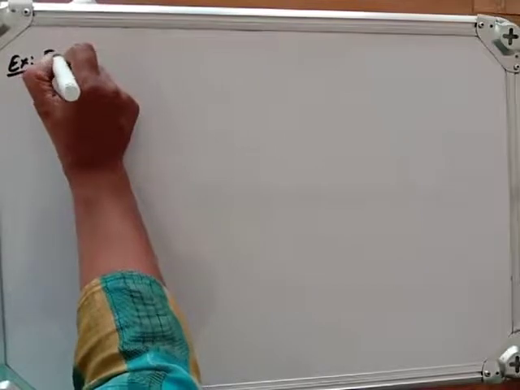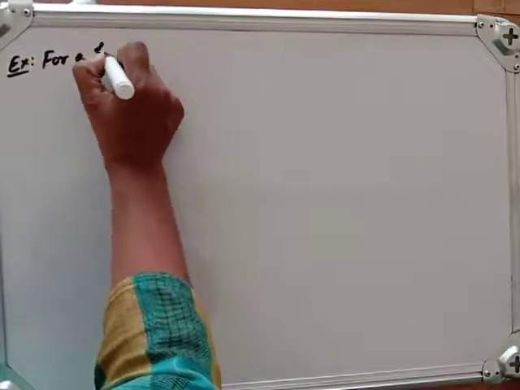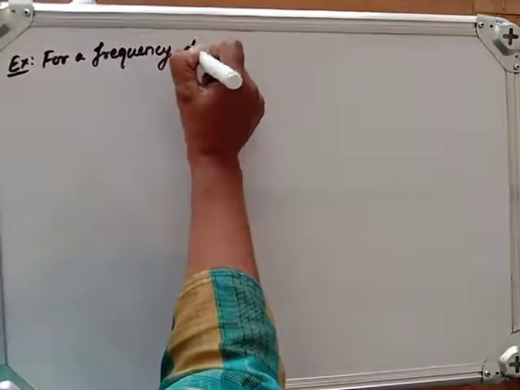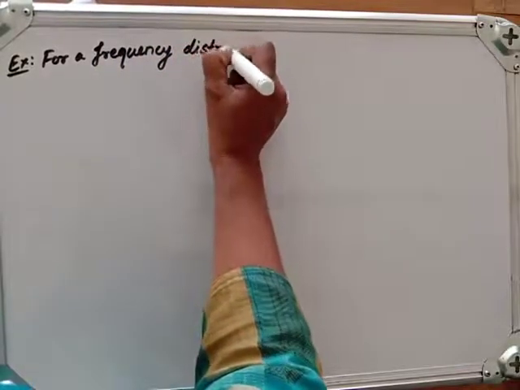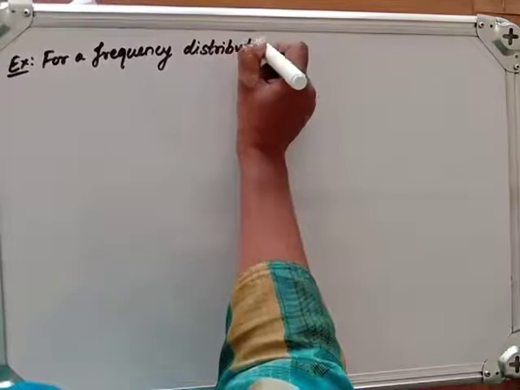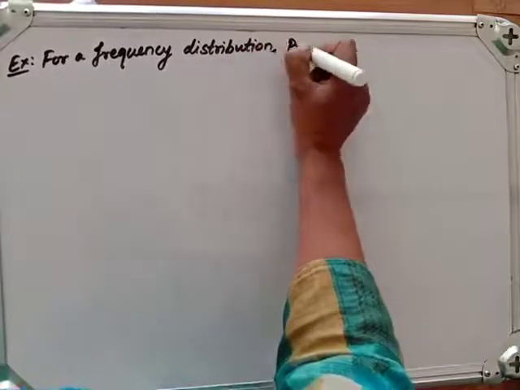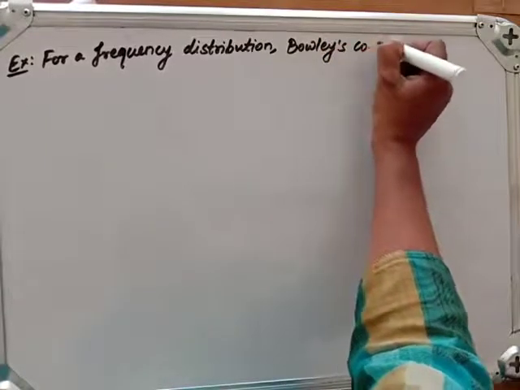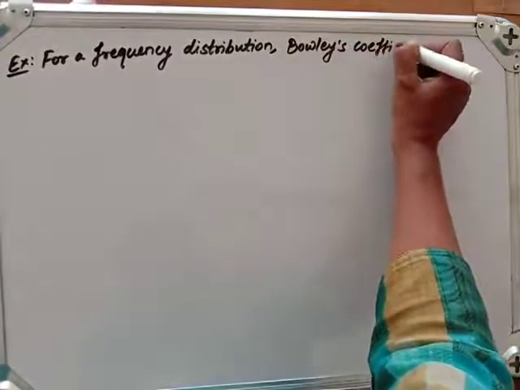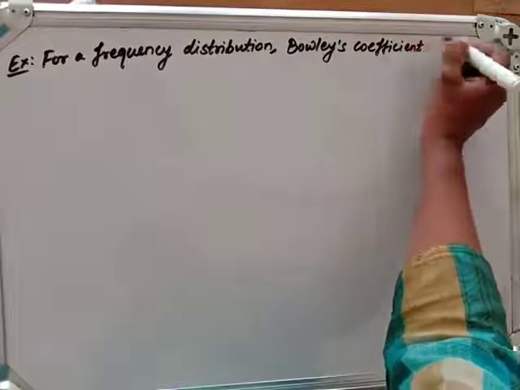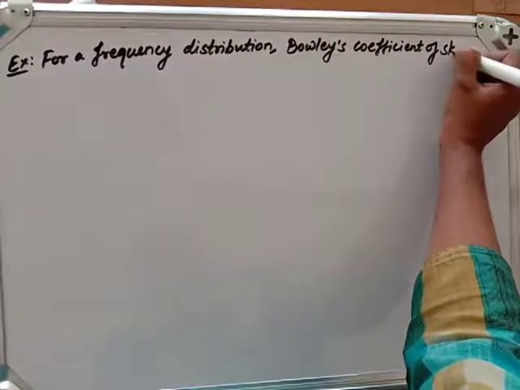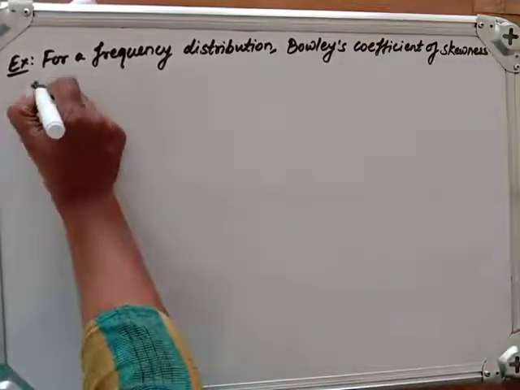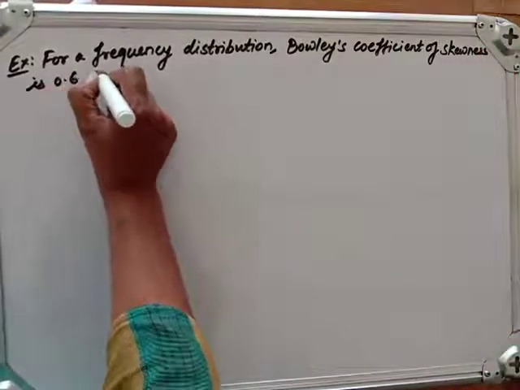For a frequency distribution, Bowley's coefficient of skewness is 0.6.